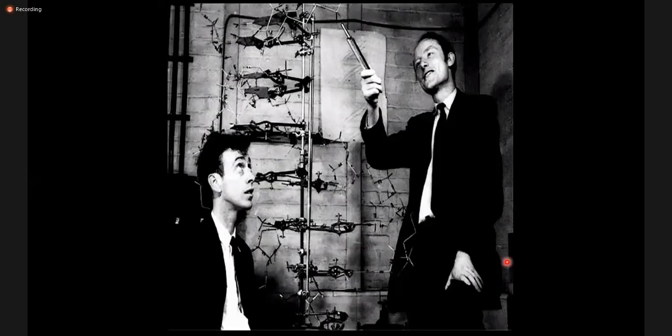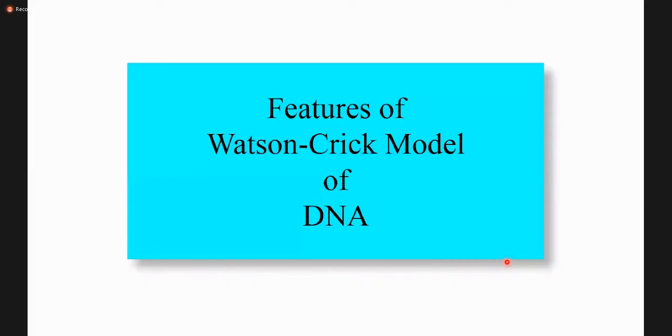Now, these are the two guys who are responsible for the whole genetic model. They discovered the DNA structure and some features of the Watson-Crick model of DNA, as you have done before.